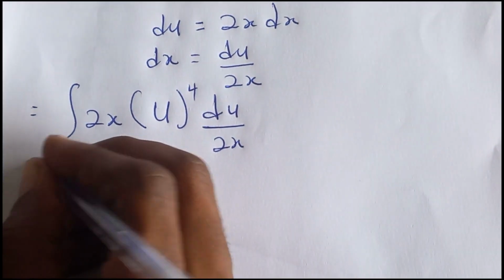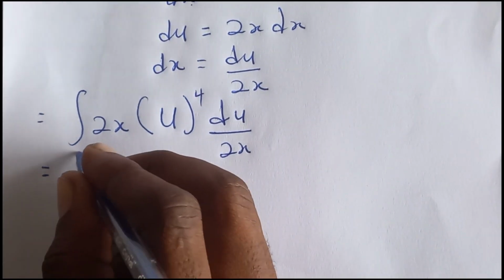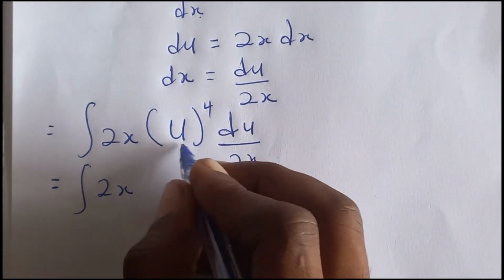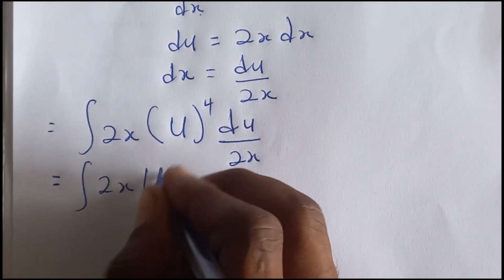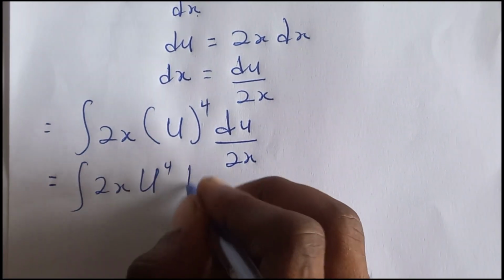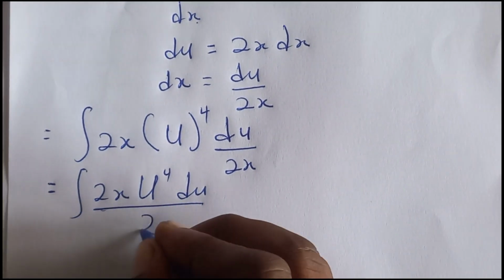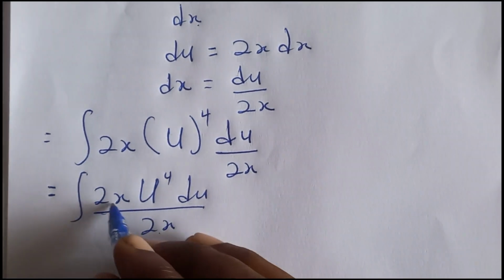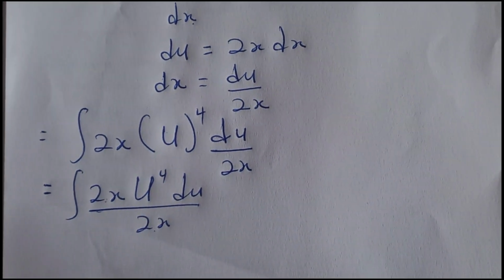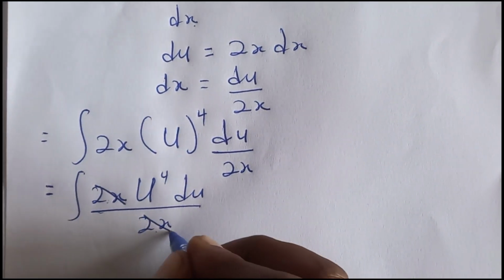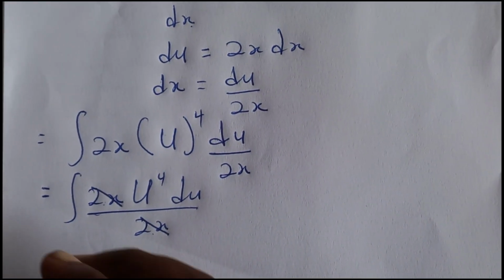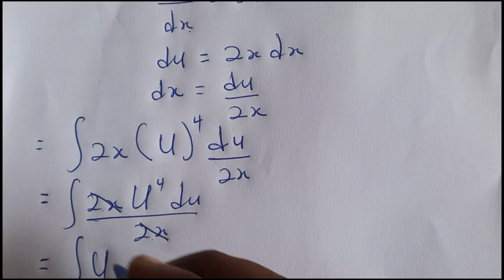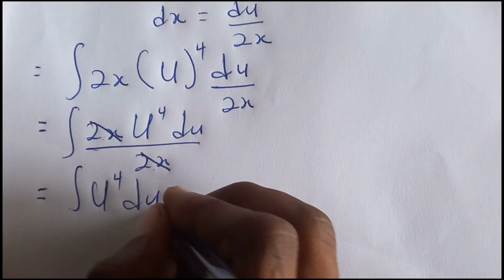So we can also rearrange this and get the integral of 2x times u power 4 du all over 2x. You see? So now this 2x can cancel out the 2x here. So it cancels out. Now our term becomes the integral of u to the power 4 du.